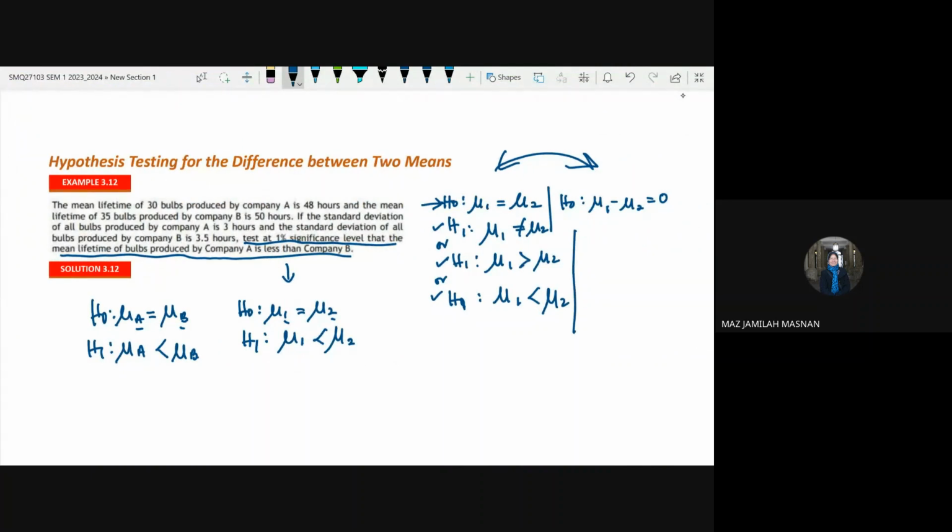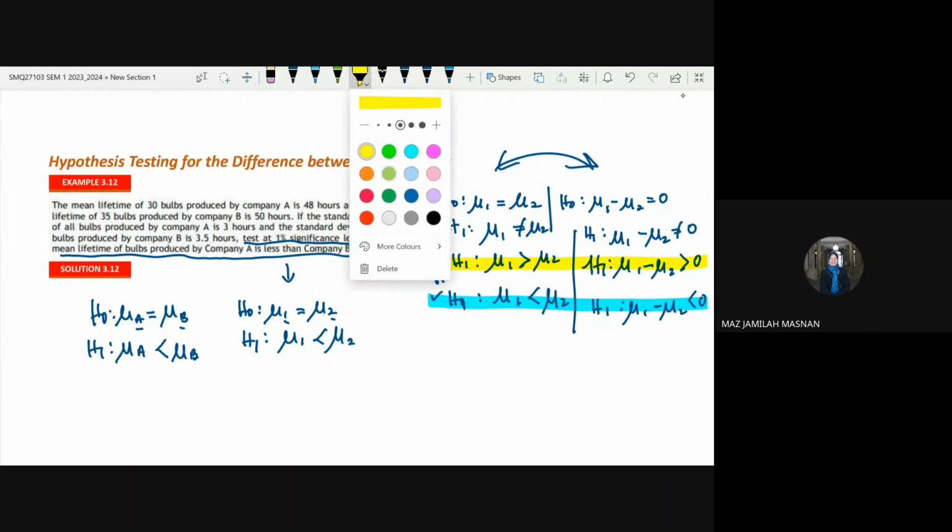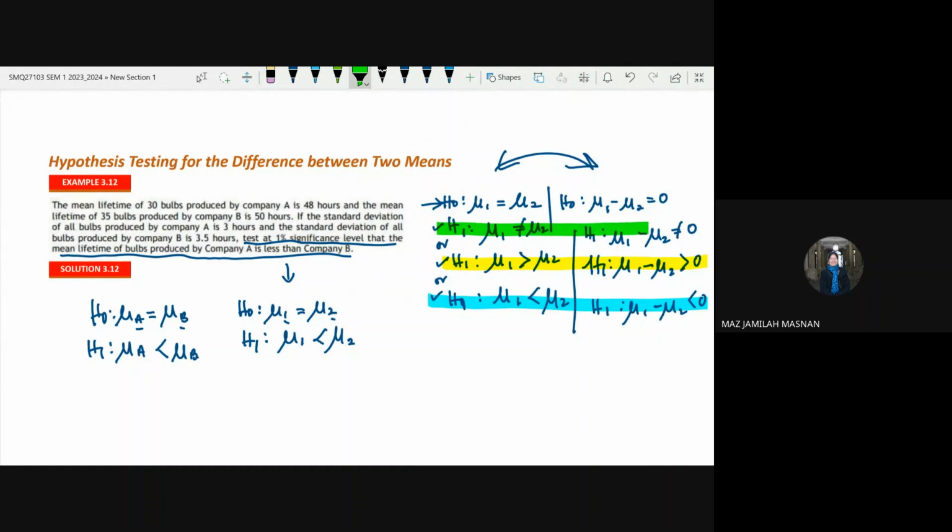So you can write H1: mu1 minus mu2 not equal to 0, H1: mu1 minus mu2 greater than 0, H1: mu1 minus mu2 less than 0. This one is the same, and this one is the same, so you can write either this part or this part.